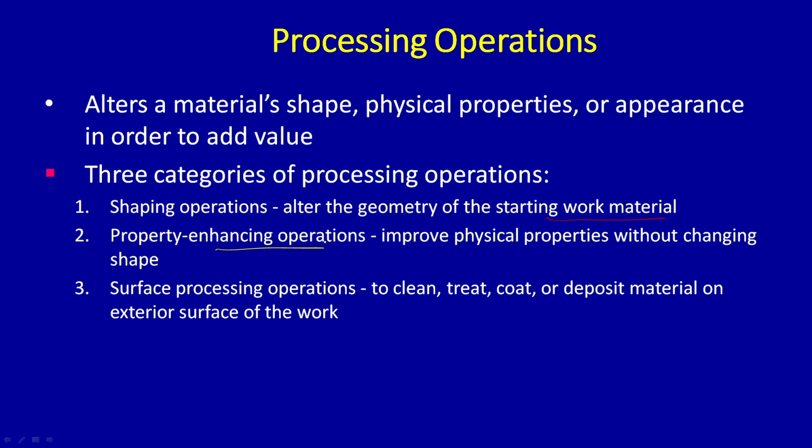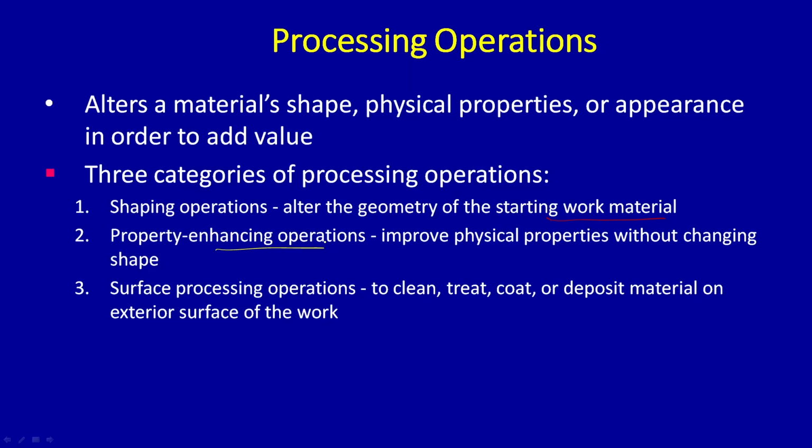A classical example is heat treatment. In materials science and engineering, many times you heat treat a material. There, do you change shapes? The answer is no. We simply heat and cool, and in that process you enhance the properties. You enhance the strength of the material, sometimes the conductivity of the material. That is called property enhancing operation.